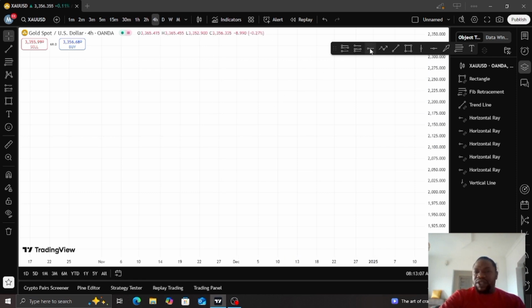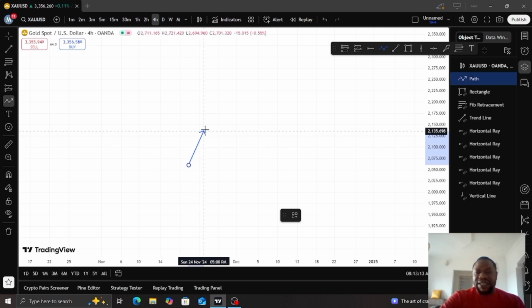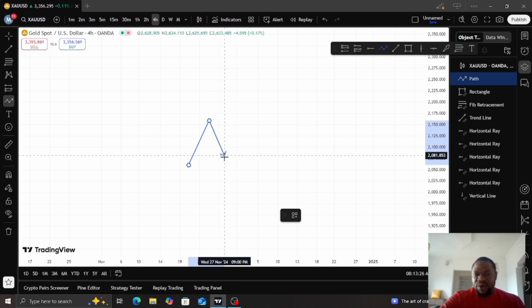So let me show you practically on the chart. Sometimes we have a chart like this. Price comes like this, depending on the trend, it doesn't matter. Price goes like this, stops here, fails at this point, then gets to this level, and comes down to this place where the price started initially.